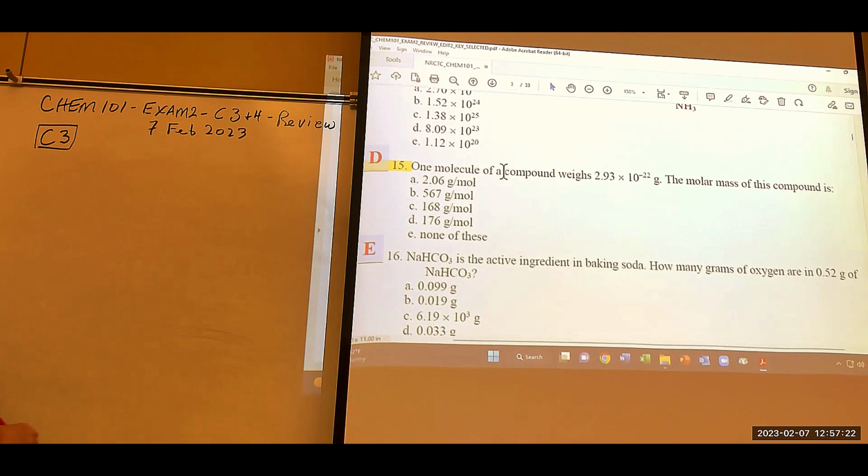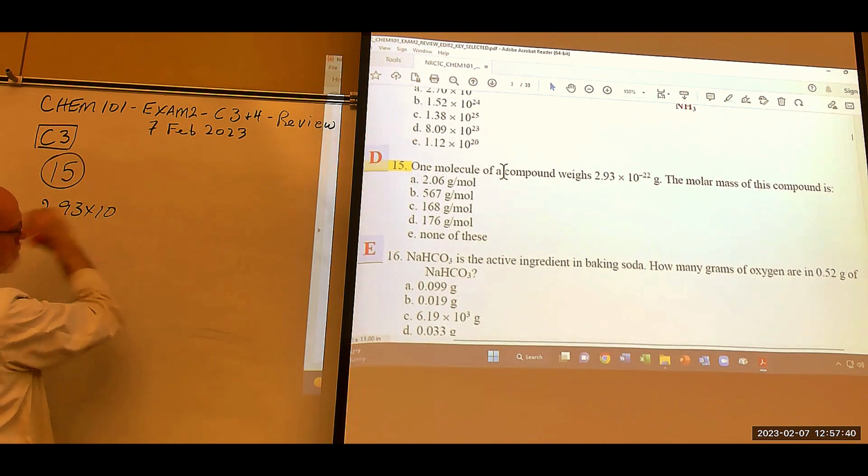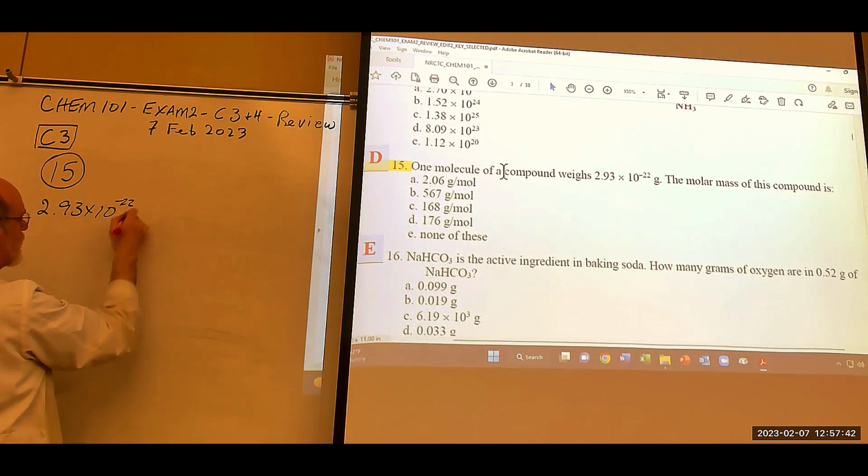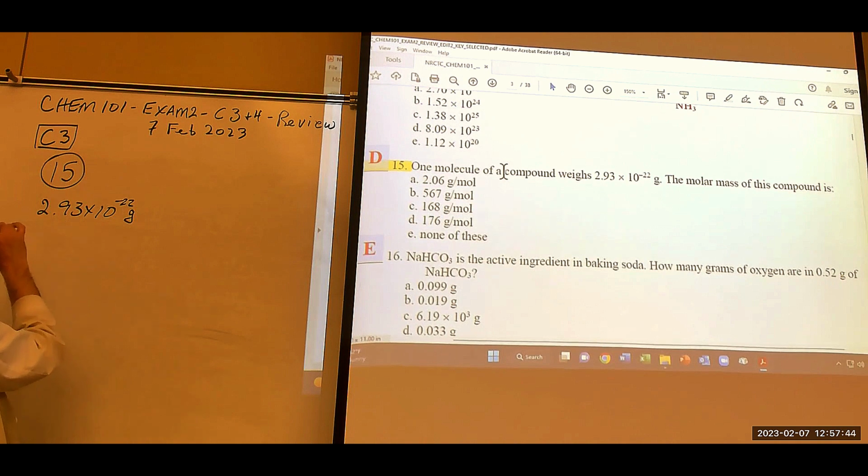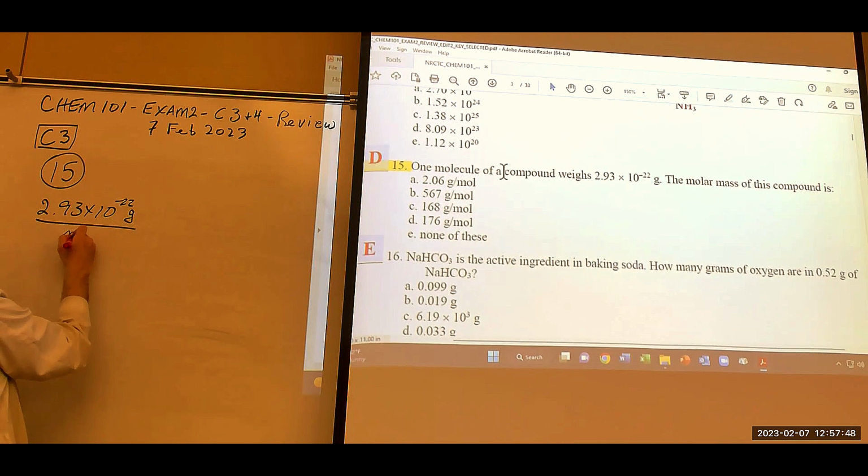One molecule of a compound weighs 2.93 times 10 to the minus 22 grams. The molar mass of this compound is... Okay, this is another unit conversion. You start with 2.93 times 10 to the minus 22 grams per molecule.